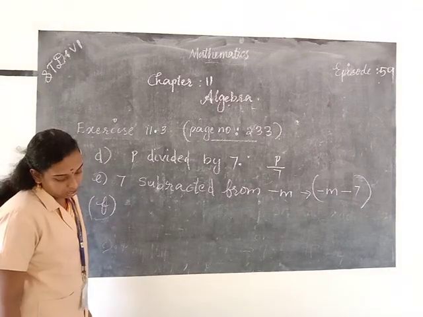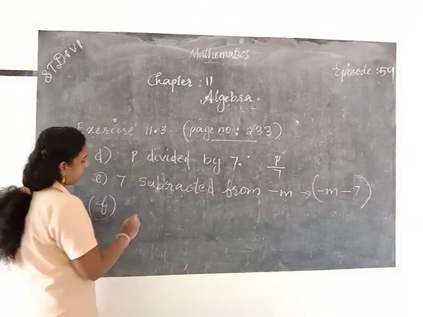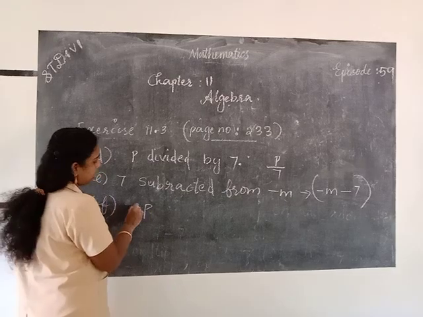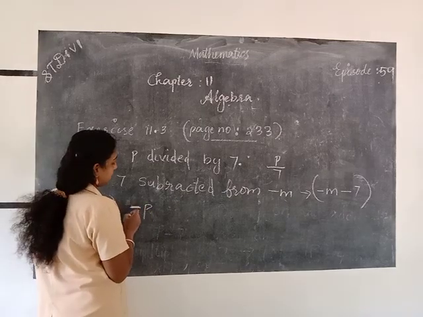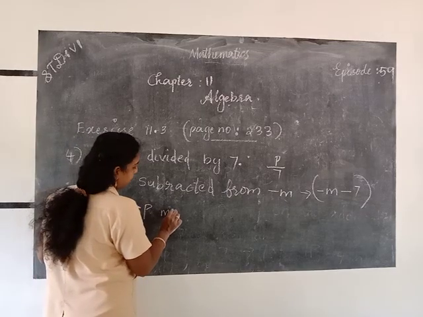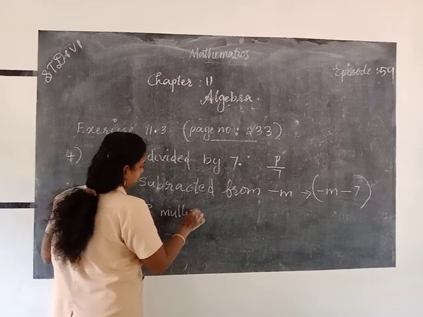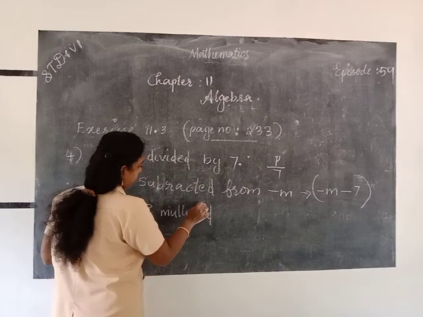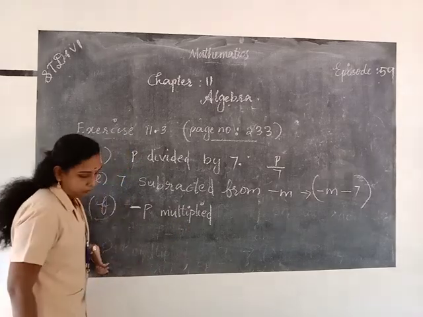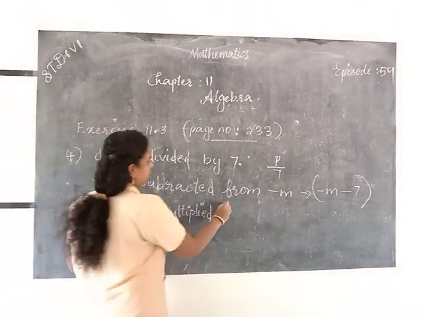Then the next one, minus P multiplied by 5. Sorry, minus P or negative P multiplied by 5.